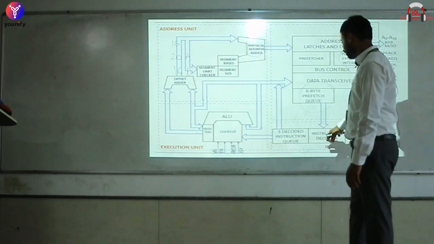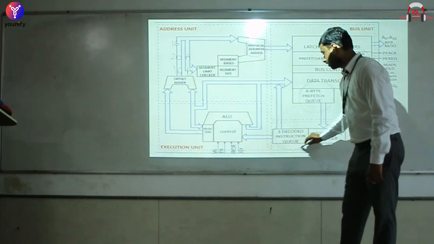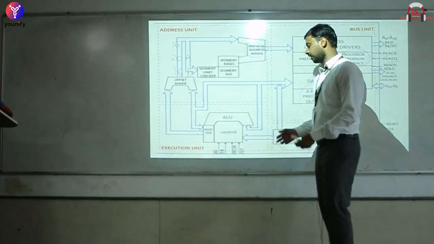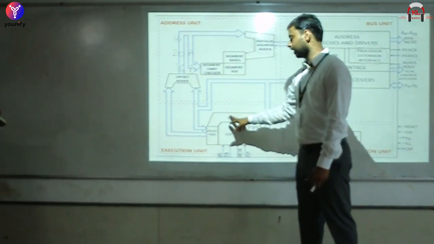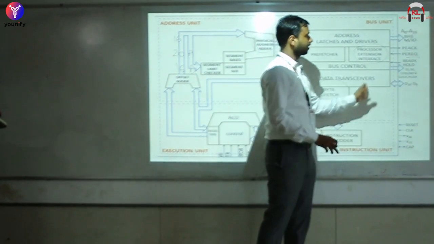Once you get all the instructions, they are stored in the decoder, and we have a special 3-byte decoding queue where 3 things are pre-decoded before being sent into the control unit, and the data obviously will go to the ALU, and the results are stored either in the registers or brought back to the memory.